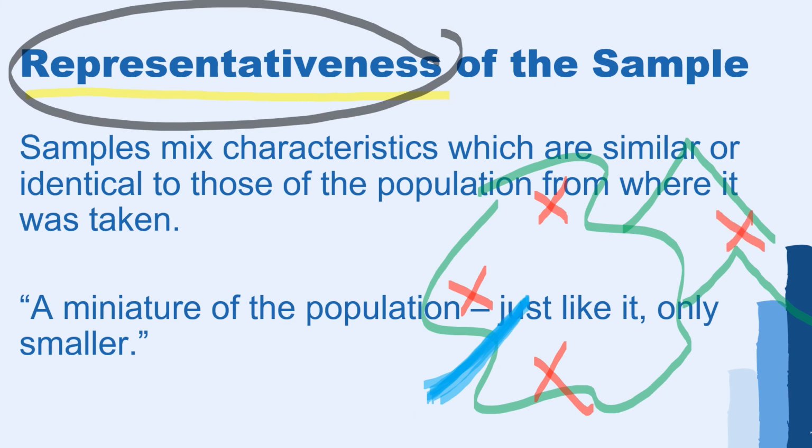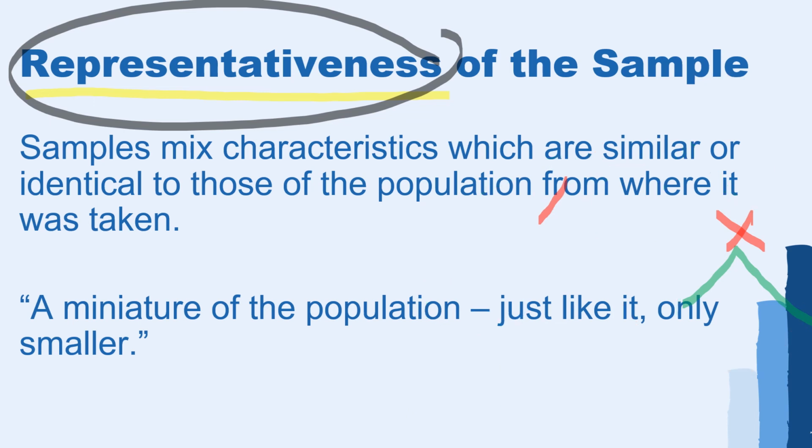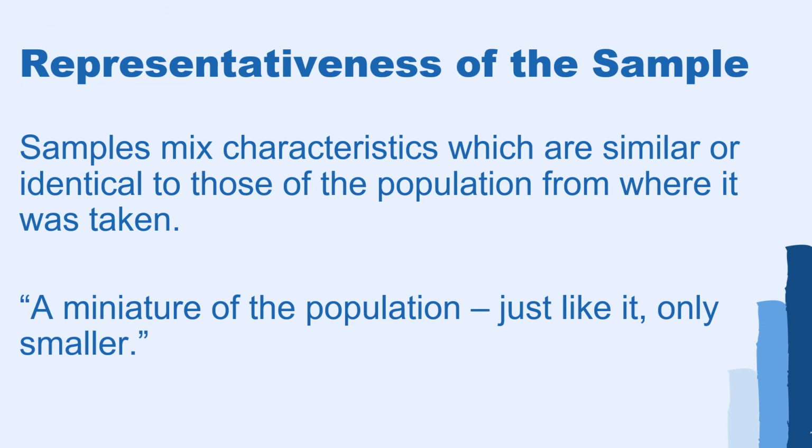Because if you will not be doing that, you might say, okay, the health status of the people is good in this area. However, you were not able to consider those who are living here in the mountains. So you need to make sure that there is representation in all of these areas, or else it defeats the purpose of your research. Or else your research will paint a picture that everything is okay, whereas it's not.